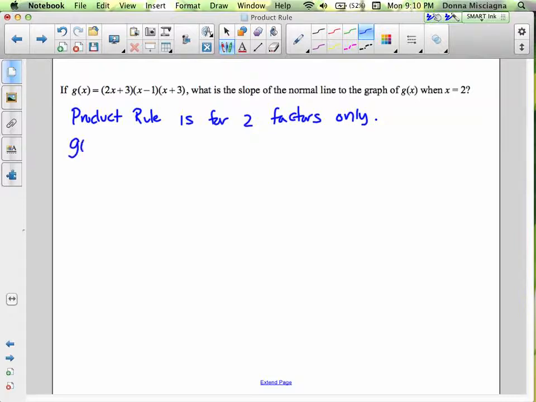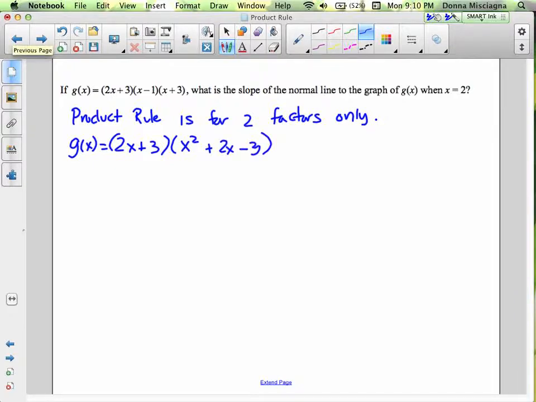All right, so g of x equals, I always multiply the last ones, so then I've got the 2x plus 3 ready just to be multiplied by the trinomial. This would be x squared, and then 3 minus 1, that's going to be a plus 2x minus 3.